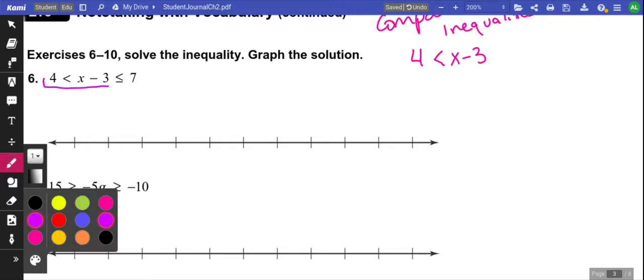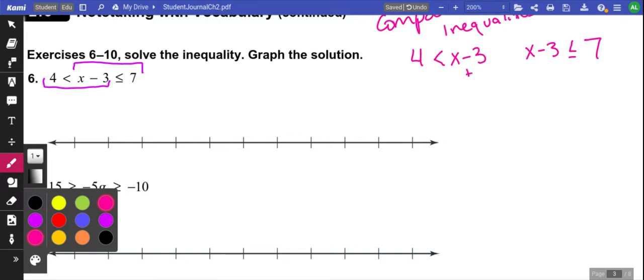I've got this chunk and I've got this chunk. I've also got x minus 3 is less than or equal to 7. I'm going to solve it as 2 separate inequalities and then bring them back together at the end. That's normally the easiest way to solve these out.